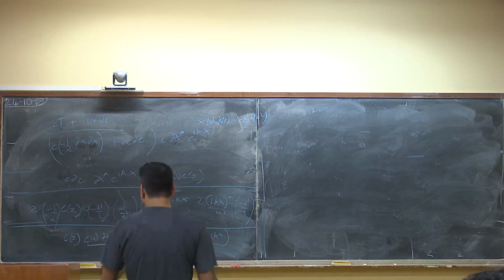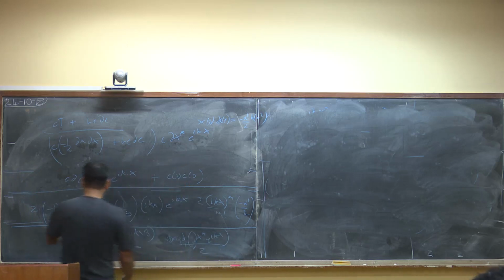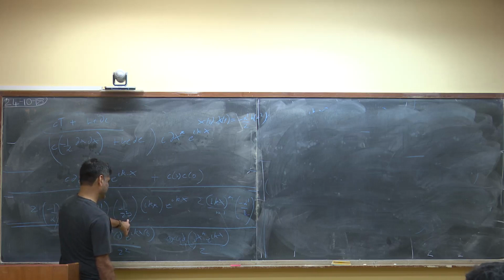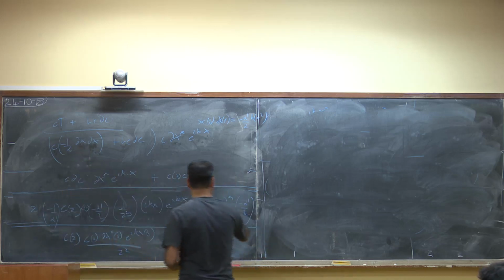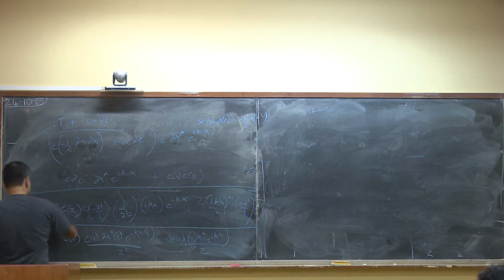Okay, now let's simplify this. This guy was z cubed. So we will have to take two derivatives of this. Nothing else was left, both these were contracted away. So we will get, this cancels this.